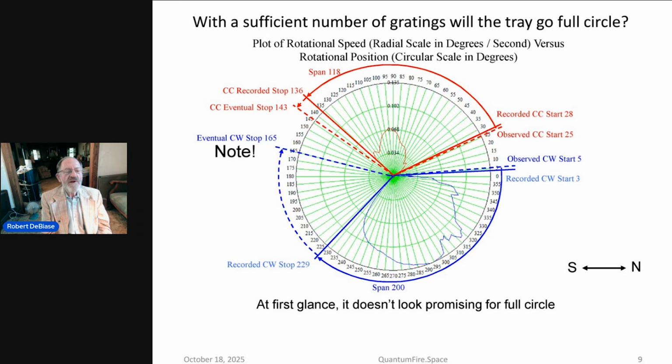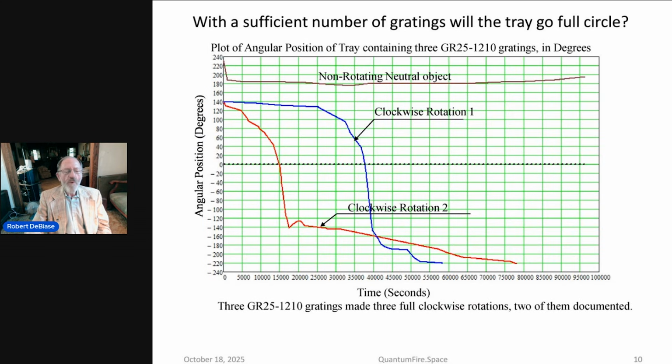And I have noted here, eventually clockwise stops at 165. However, it just slowed down there. It actually kept going. All right? And it went around 3 times. The first time I didn't document it, but the other 2 times I documented it.